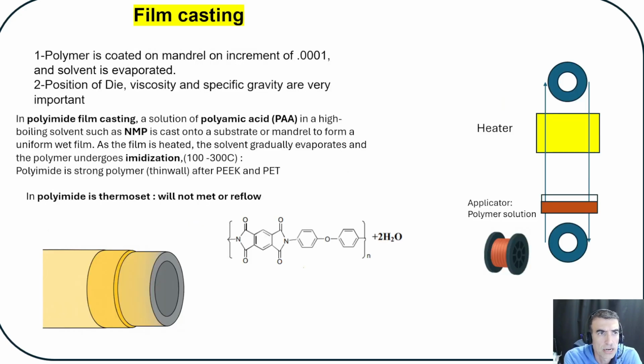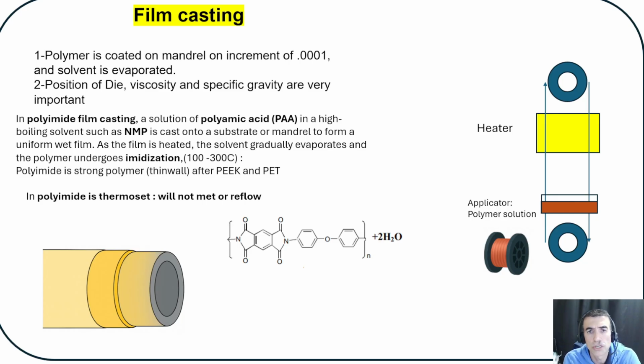So we mentioned that a polymer is coated on the mandrel in increments of 1/10 of tau, as the solvent is evaporated. I have provided a sketch of how the wire or mandrel is coated. First it goes through a bath of the polymer. On the right side there is a polymer solution that it goes through.